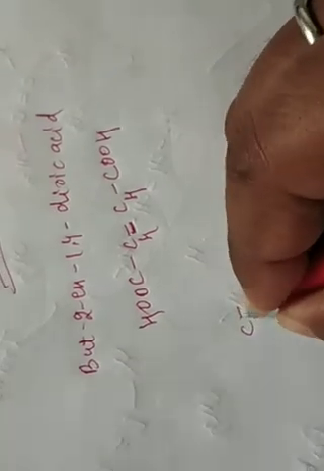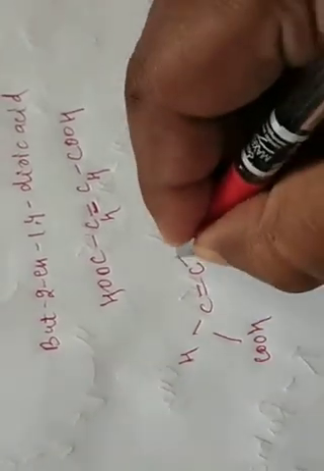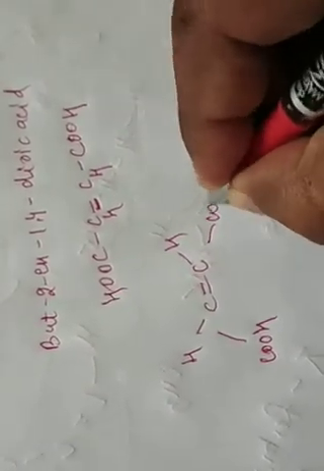Clear? First focus on C double bond C: there is one hydrogen and one COOH group on each carbon. Clear? Same hydrogen and same COOH group, it means cis.